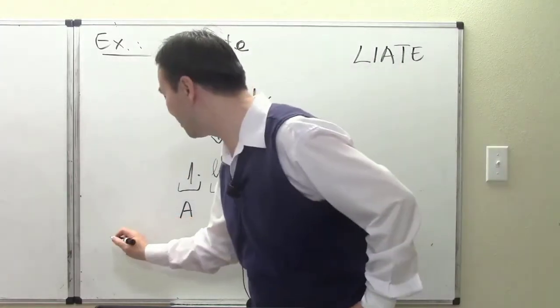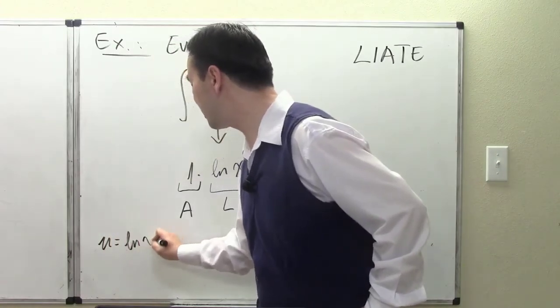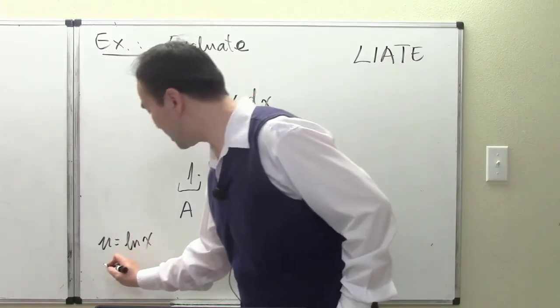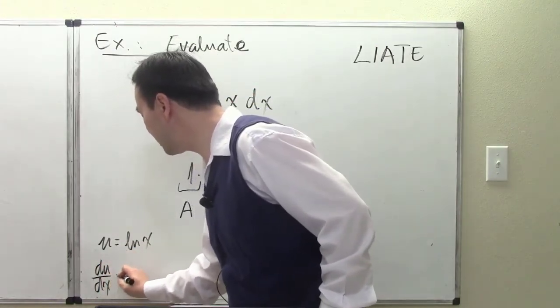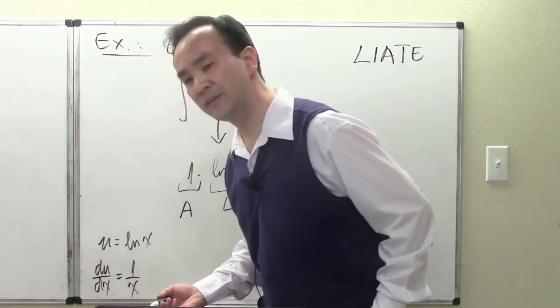So I am going to let u equal natural log of x. In that way, the derivative of u, du/dx, is going to equal 1 over x. This is a good review of your differential calculus.